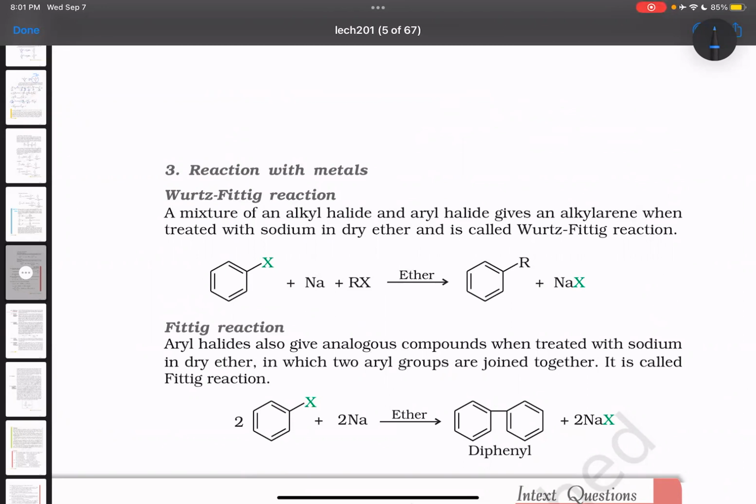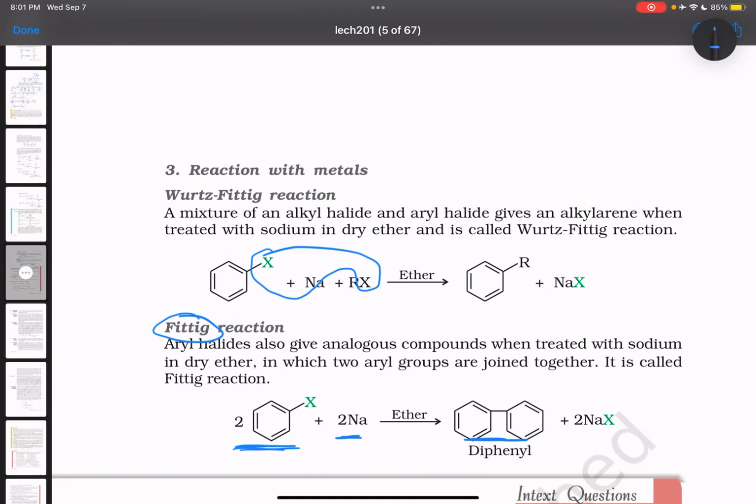If you have only aromatic halides reacting with sodium, in the same way, look here, I have joined the two benzene rings, that is diphenyl, that is called Fittig reaction. And if you have one alkyl halide and one aromatic halide, do the reaction in the same way. The approach is same. You just need to remember the name. That is very, very important.